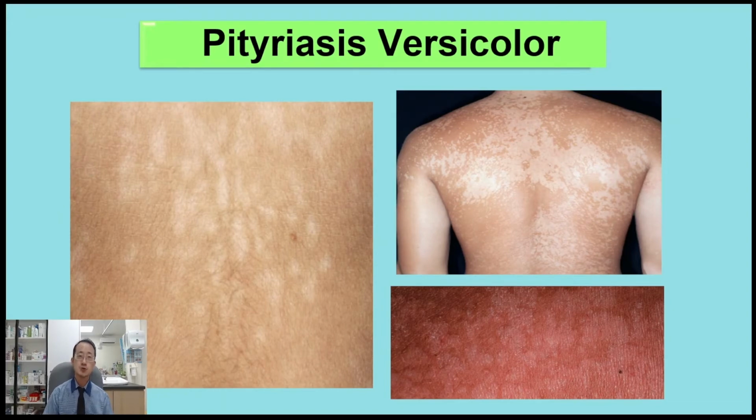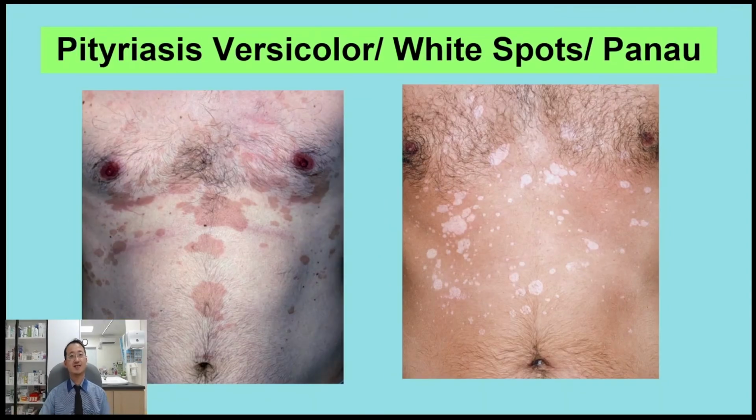Let us go to pityriasis versicolor. Pityriasis means to say it's bran-like. Okay, you can see very fine powdery scales. All right. Versicolor means to say different color. So in the fair skin, they can present with hyper or brownish pigmentations.